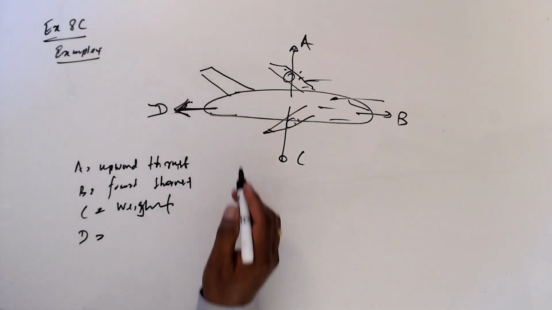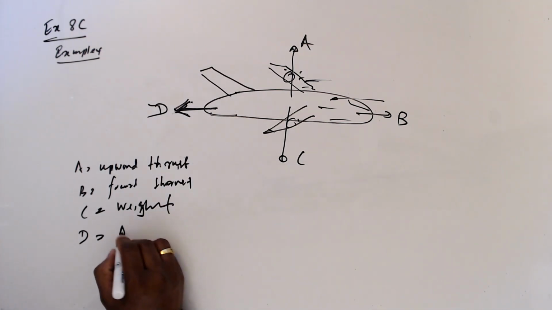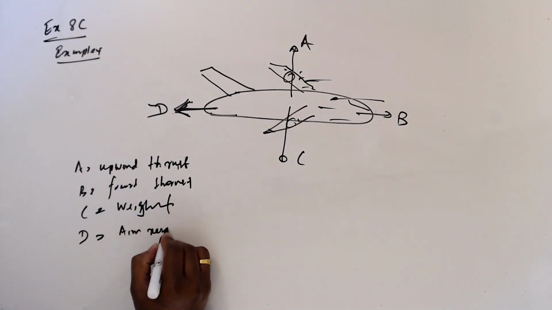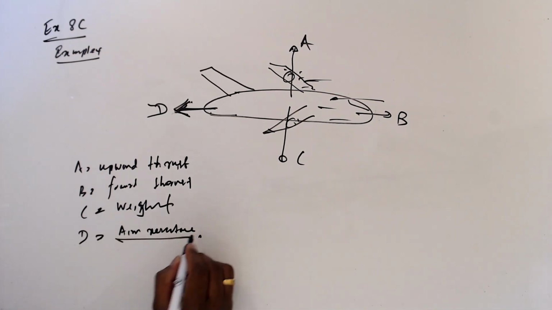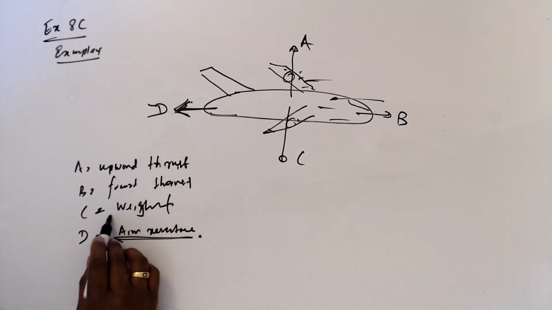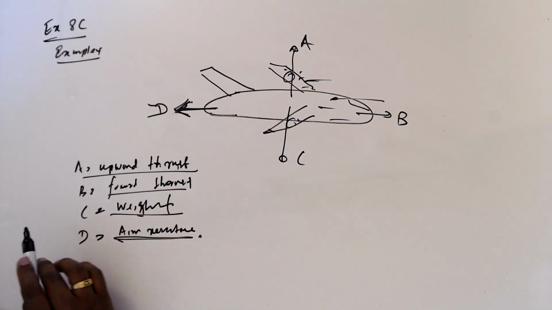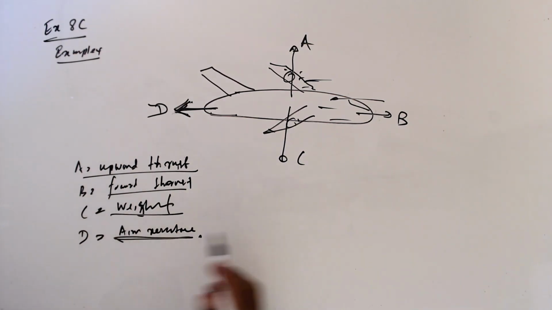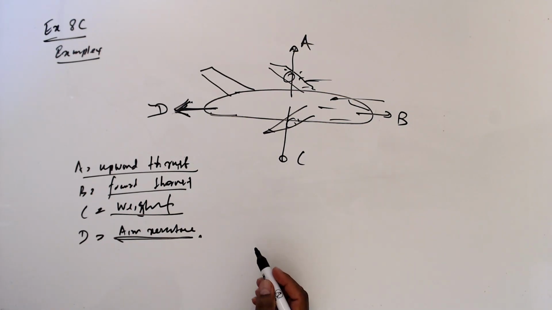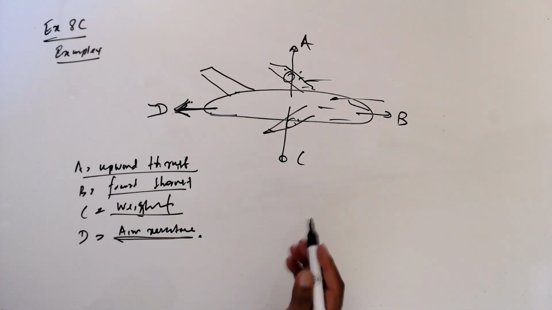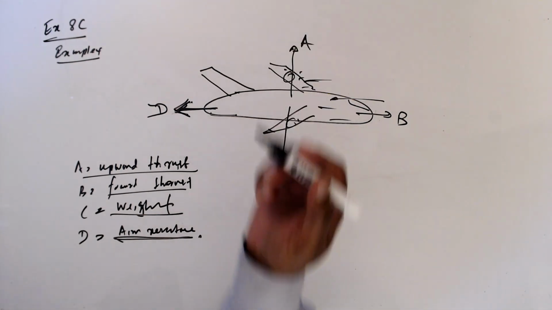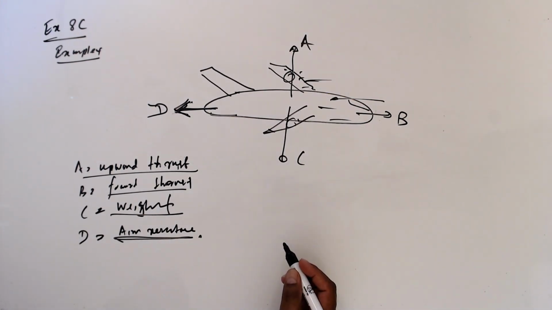So this is going to be D, air resistance. Air resistance is clear, weight is clear, forward thrust is due to the engine, and upward thrust. If you follow the Bernoulli theorem, you will see the theory behind how the plane creates the upward thrust.